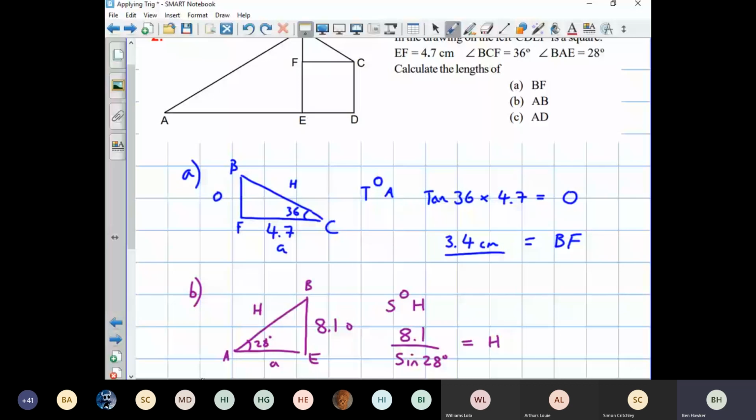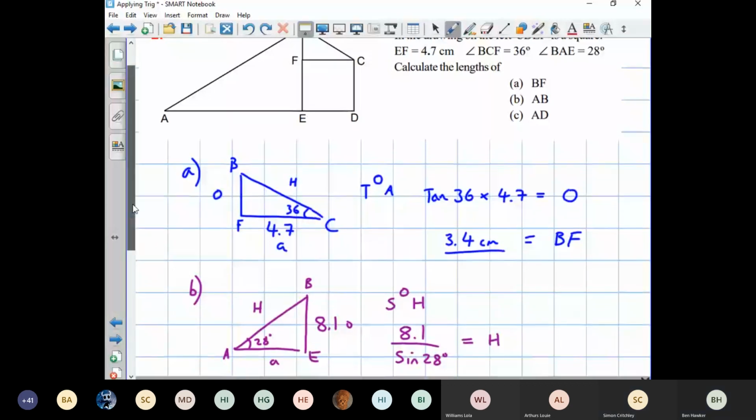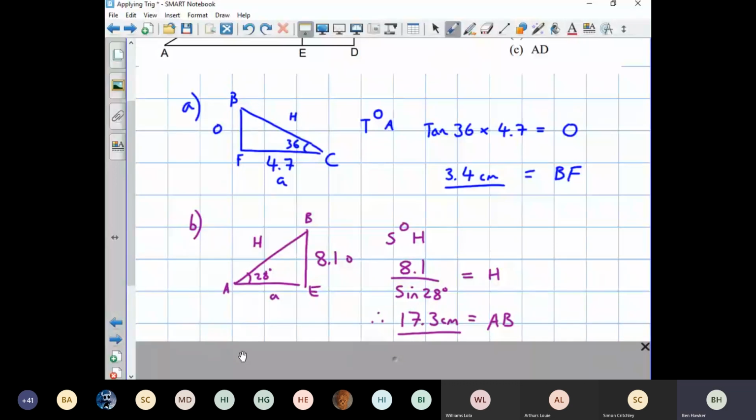Now, you could argue that I should use the exact value of BF here to add to EF, but I've got 8.1 where I add them together. I've got the angle, which is 28 degrees, which was given. I can then work out the hypotenuse, which is going to be 8.1 divided by sine of 28. And I get 17.3 centimeters as my hypotenuse.